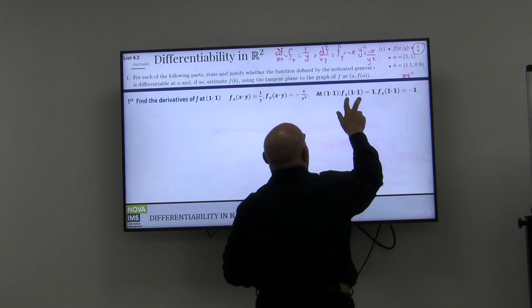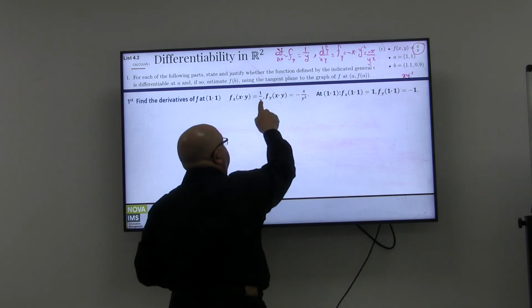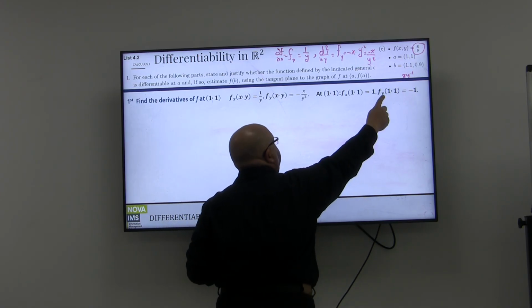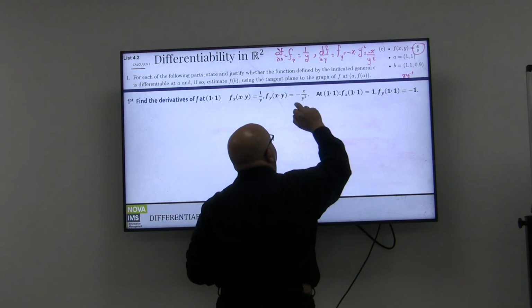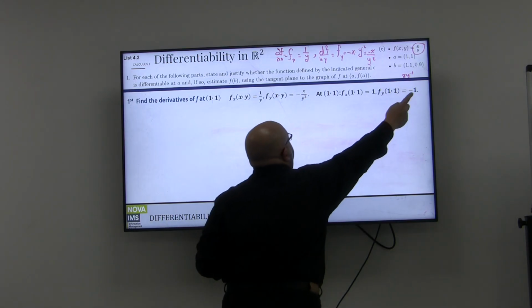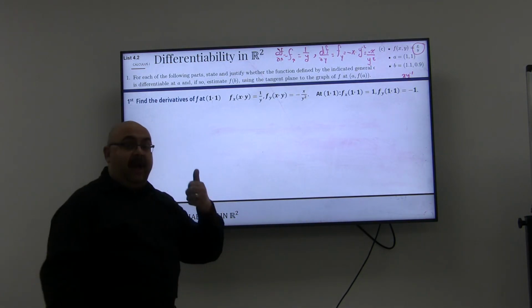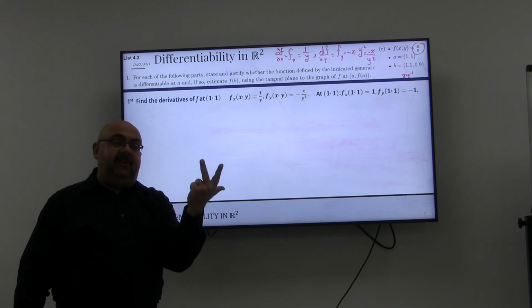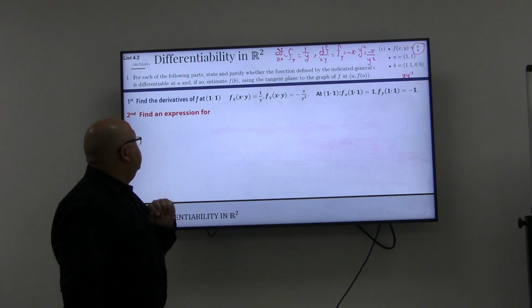The derivative with respect to x is going to be 1. And differentiating with respect to y, it is going to be negative 1 over 1, which is simply negative 1. So I have the value of the function, the first derivative with respect to x, and the first derivative with respect to y.